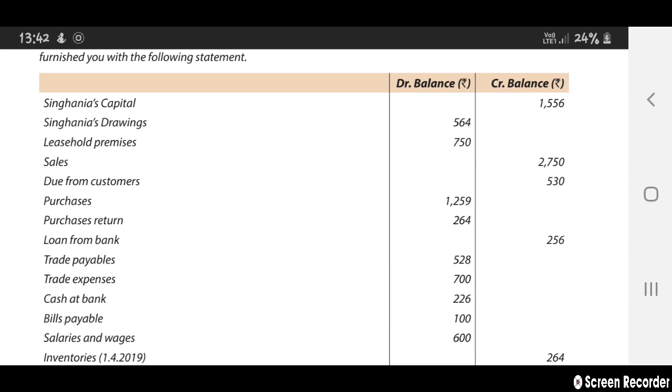Sales 2750 credited. Due from customers 530 credited. Purchases 1259 debited. Purchase return 264 given. Loan from bank 256 credited to his balance.